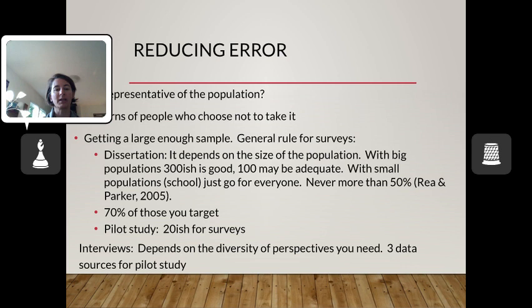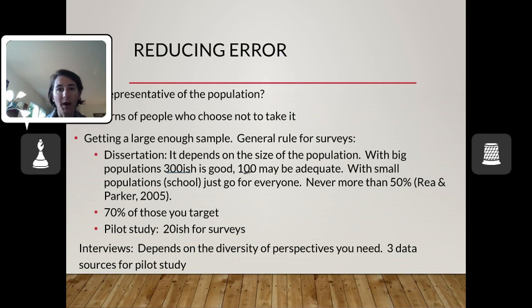And then there's this idea of what is a large enough sample. Of course, this is different for the pilot study than the dissertation. The dissertation, it depends a lot on the size of the population. With huge populations, so if you're surveying all freshman students at Cal State East Bay, maybe 300-ish is good. And 100 is generally adequate for survey data.